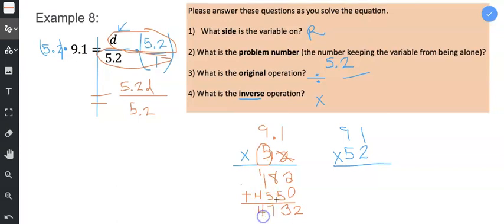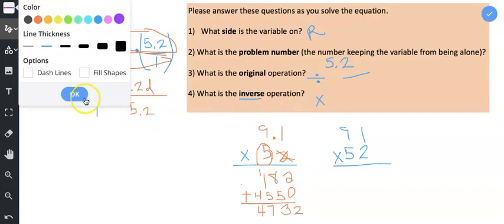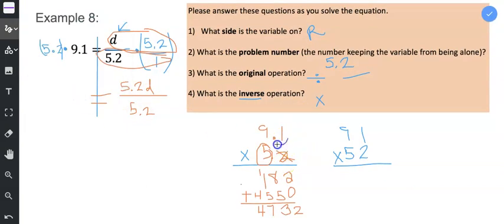And then 4. And then I count the decimal places in those two numbers. So there was the tenths place, that's 1 place, and there's the tenths place in this problem, so that's 2 decimal places. So I need to move the decimal over twice, and it ends up between the 7 and the 3.